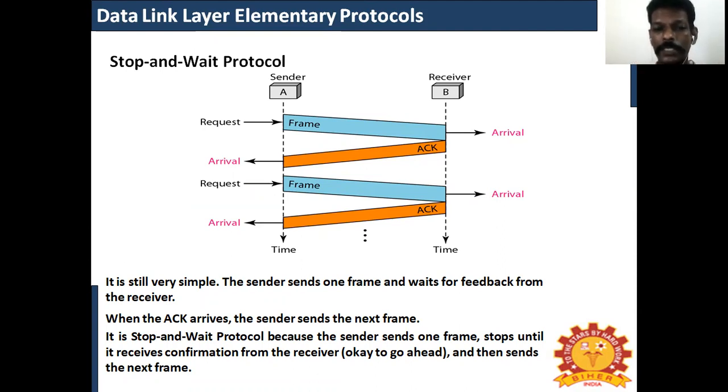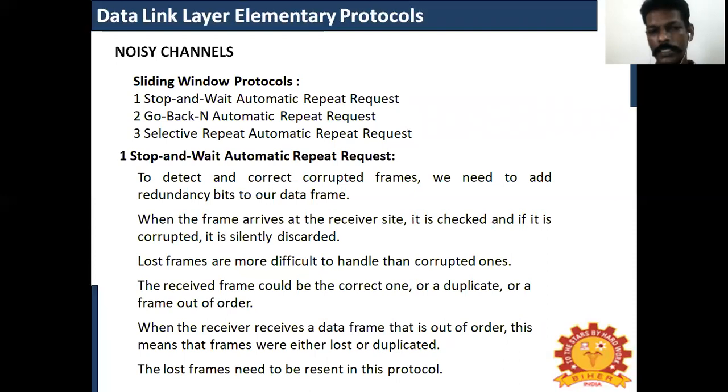Here the transmission takes place like this: when I send a frame, I need a feedback or acknowledgement. After getting the acknowledgement, I send the next frame. This is an example of a stop and wait protocol. Next, the noisy protocols: stop and wait automatic repeat request, go back N automatic repeat request, and selective repeat request.